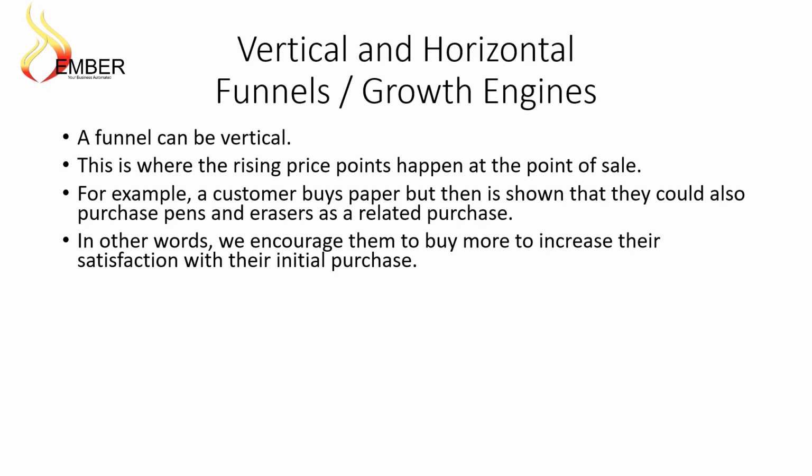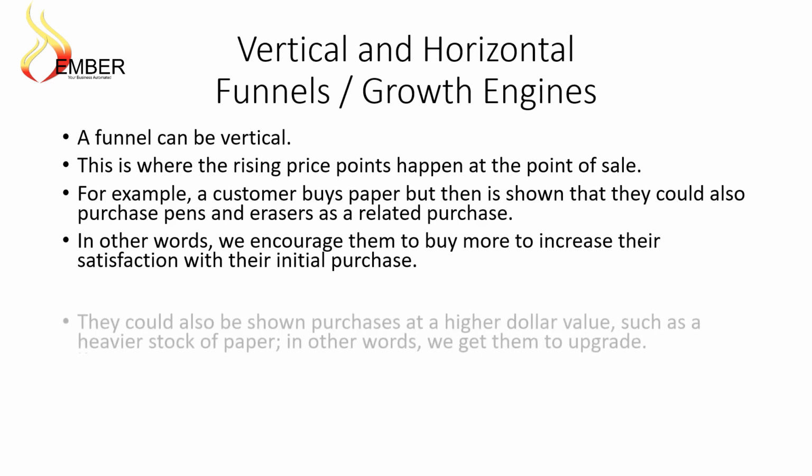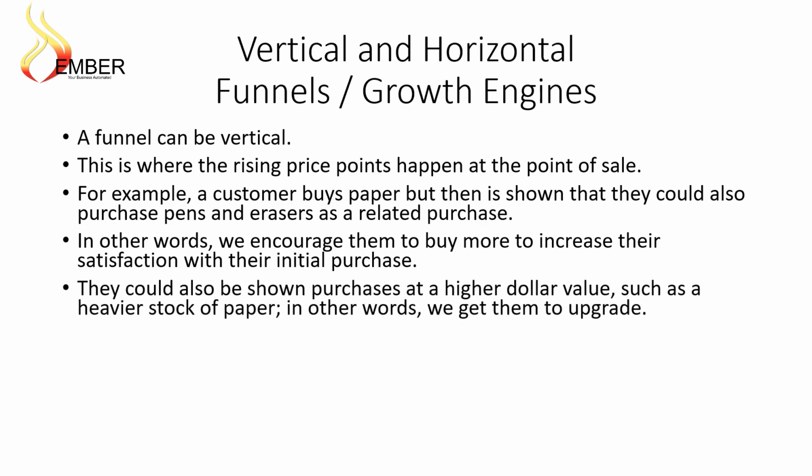That's the idea. We are saying, if you want to really enjoy this, here's something else that will help you to do that. We could also show them purchases at a higher dollar amount if we want to. We could say, hey, you've got this kind of paper, but this kind of paper is really better. Let's give you this sheet of this kind of paper, which is going to be higher quality.